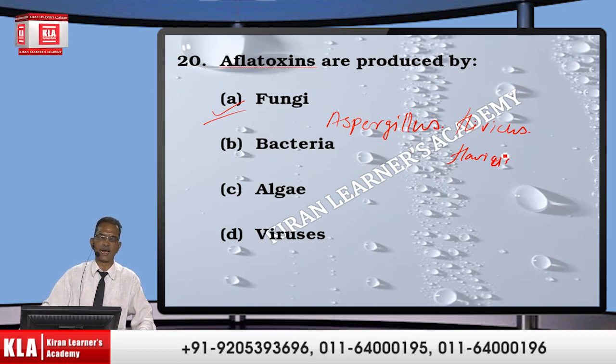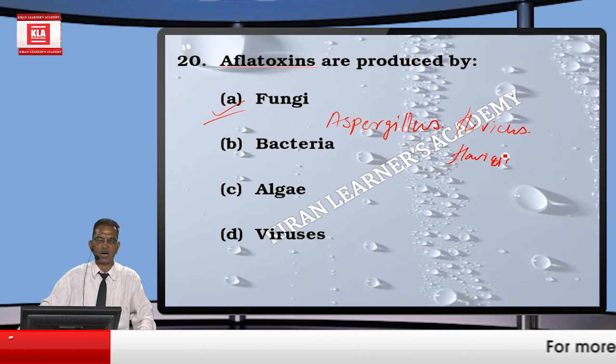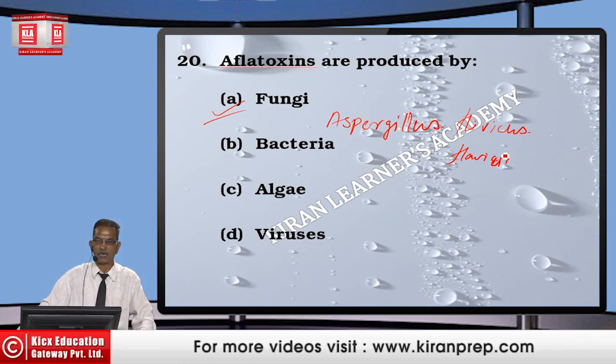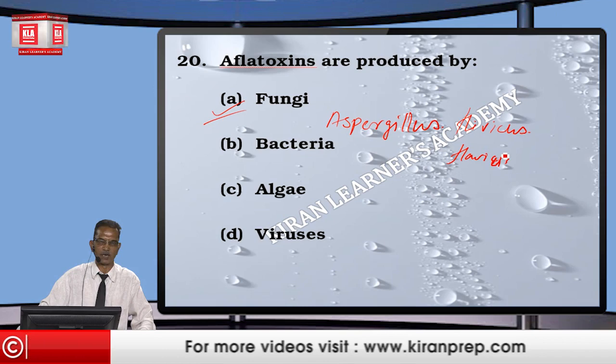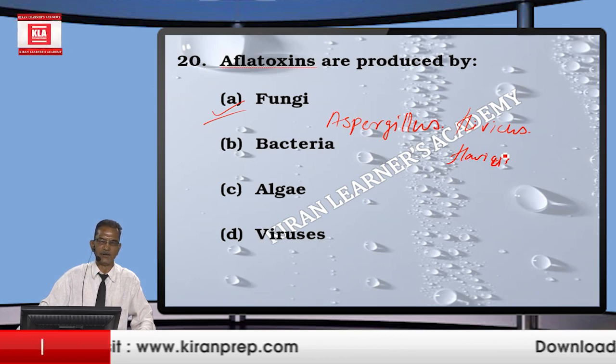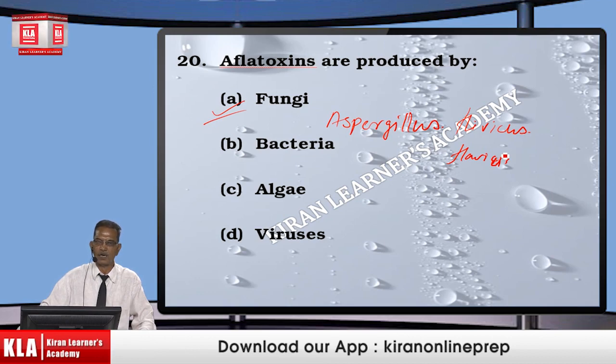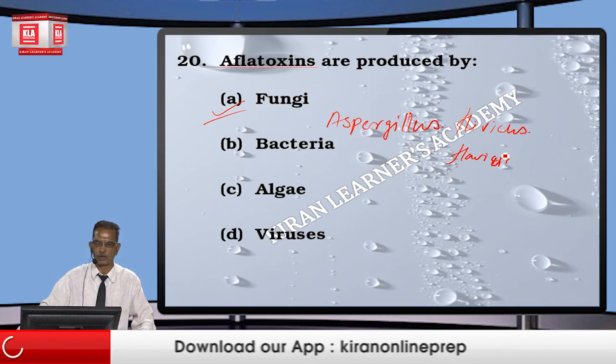Now this fungus is a common fungus which infects vegetable matter. That means the dals, vegetable curry, or any other vegetable product in the diet, if left exposed to the air for a long period of time, is going to get infected with this Aspergillus and will produce a toxin called aflatoxin.